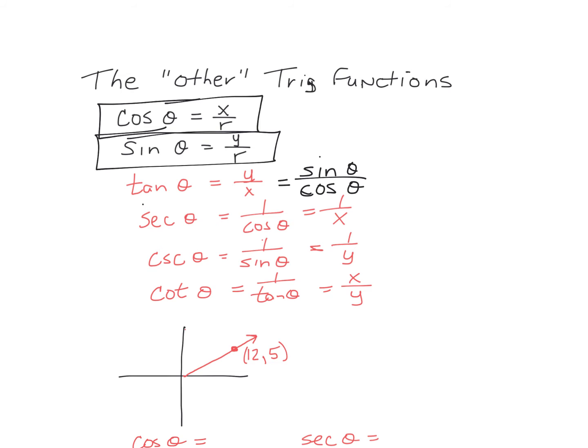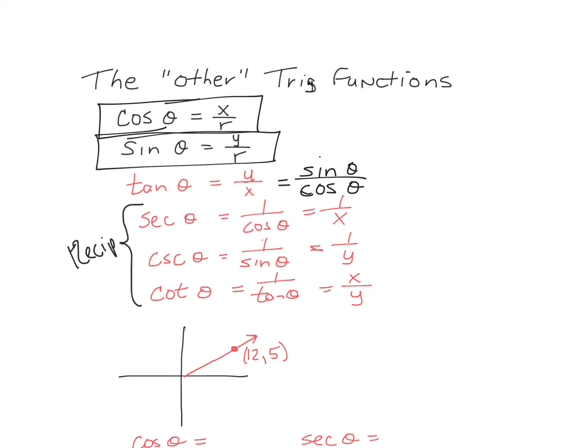And then we have our reciprocal functions. Secant is reciprocal of cosine. It's 1 over cosine, which would be 1 over the x, or you could think of that as r over x.